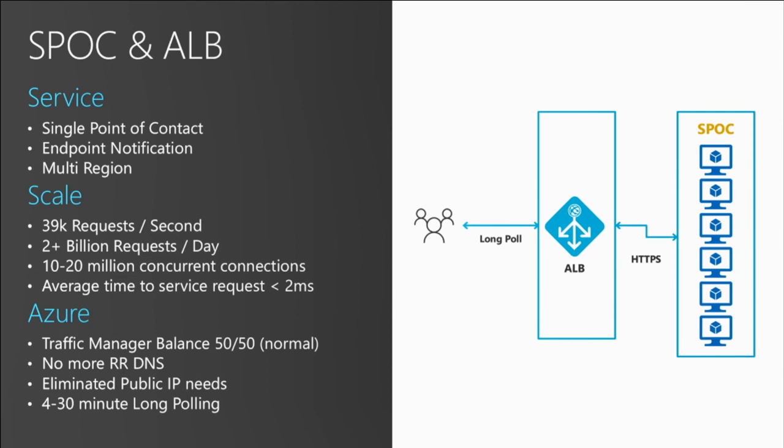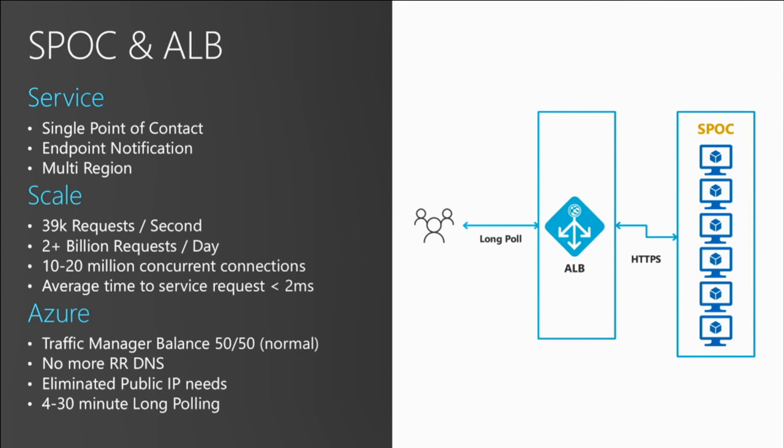Connections do tend to come up and ask for a 30-minute long poll, and then they get a reply or an event down. Inside, the average time to service the request between Spock and the load balancer is actually less than 2 milliseconds, proving that the internal Azure network is just as responsive as the ALBs, which is very important to us. We used to have switches that would cause issues. Older switches would actually cause internal latencies.